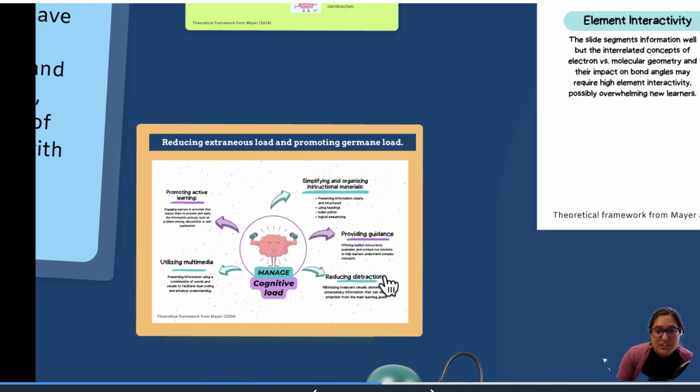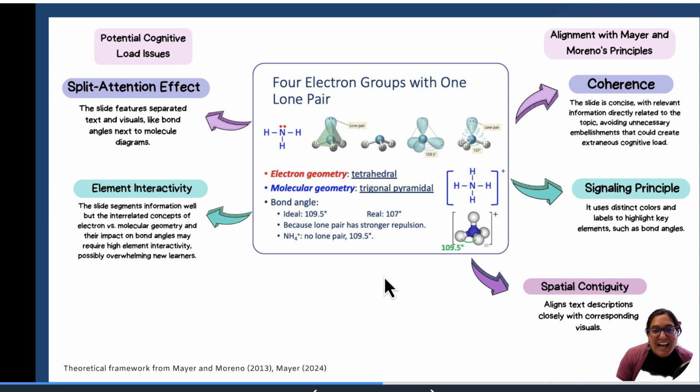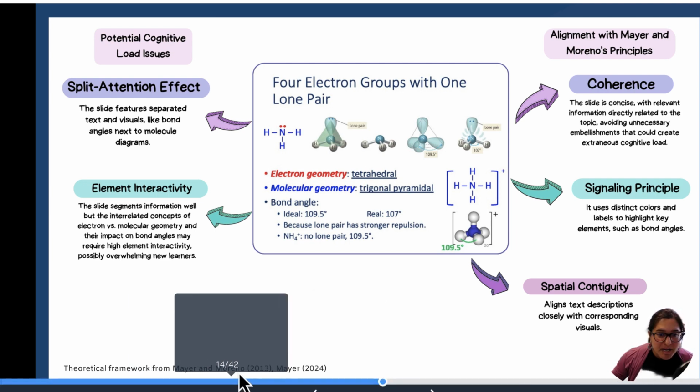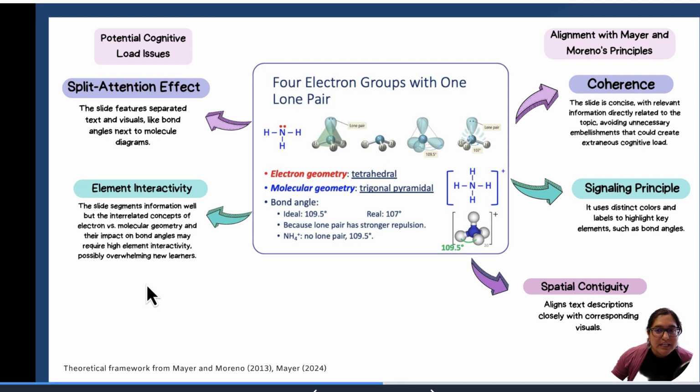Okay. All right. So with that being said, I took specifically Mayer and Moreno's 2013 framework, where they have a checklist, almost, right, of these principles that allows us to align learning. So let's go ahead and take a look.